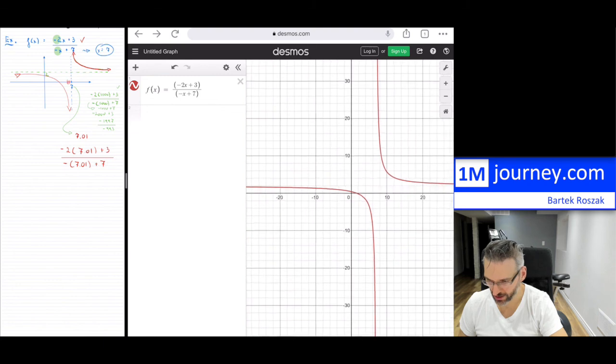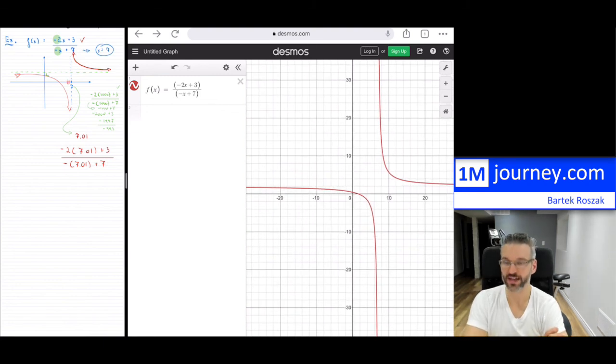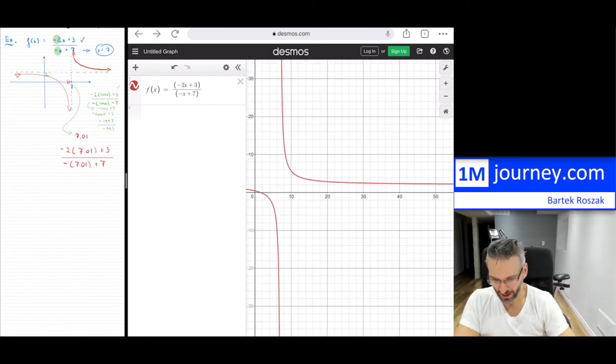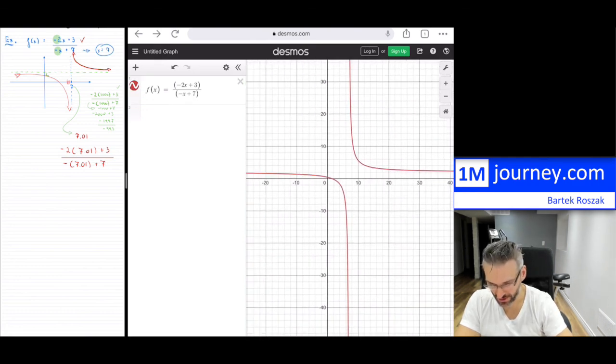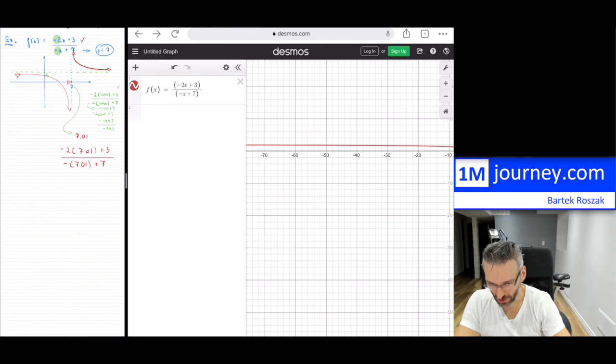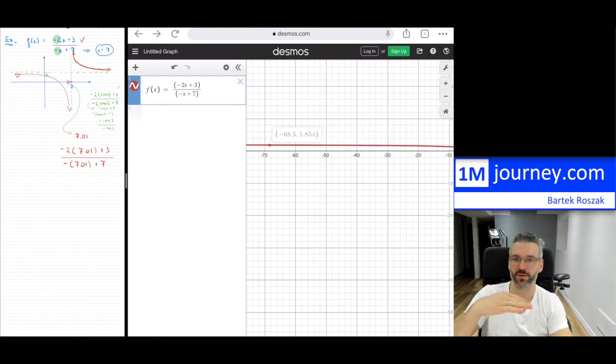Indeed, it looks like the sketch that we wanted. As you get in here, it gets closer and closer towards 2 from the upper side. And on this side, it comes up, again getting closer towards 2, but now from the bottom up. So there you have it.